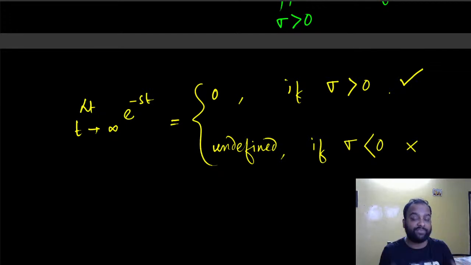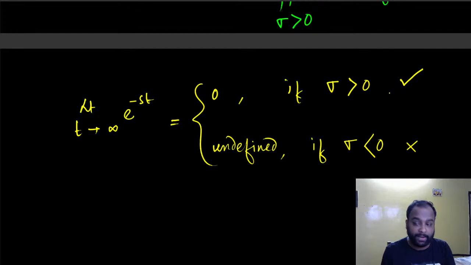So we chose the function e to the power minus sigma t in such a way that when I multiply it with x(t), that whole function was absolutely integrable, and as such it satisfied the necessary condition for the existence of a Fourier transform. So we are choosing our function our own way, right? That is why I mentioned the term a suitable real number.